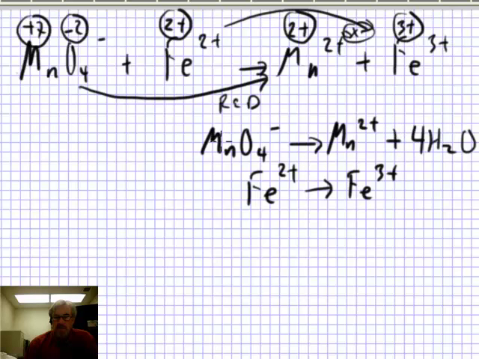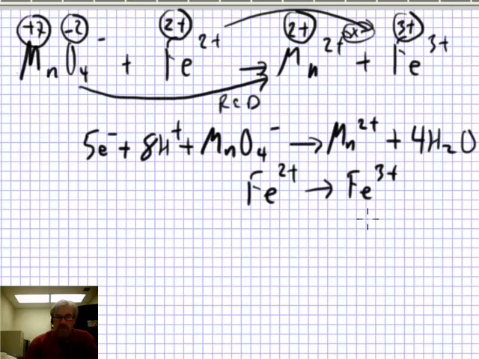That gives me 8 H's on the right with nothing on the left, and so that means I need 8 H pluses to balance that on the left-hand side. Now, balancing charge. The right-hand side is 2+ total. The left-hand side is 8 pluses and a minus, so that's 7+. To get 7+ reduced down to 2+, I need to add 5 electrons, so that's what I put on the left-hand side.